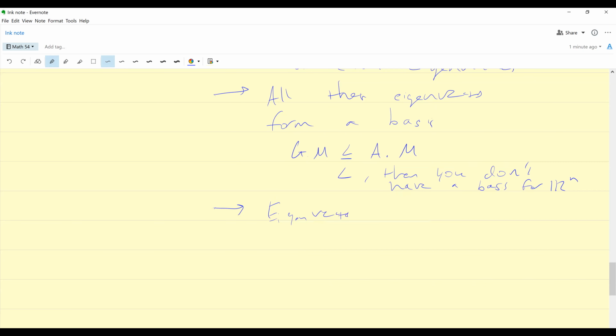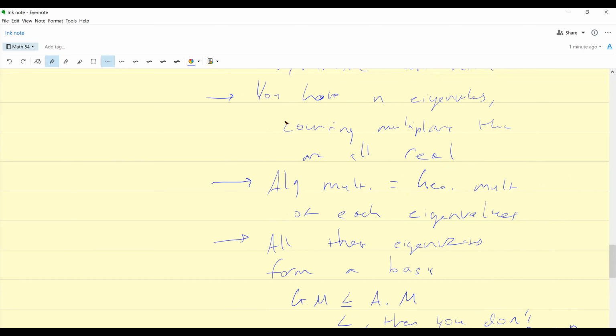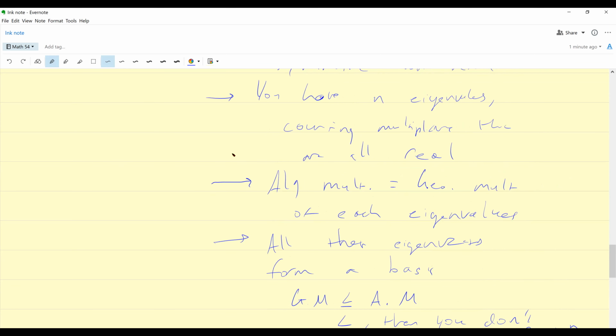Again, vectors from different eigenspaces are orthogonal, right? Let's say we had some questions about these first before I explain the significance of that. Okay, cool.